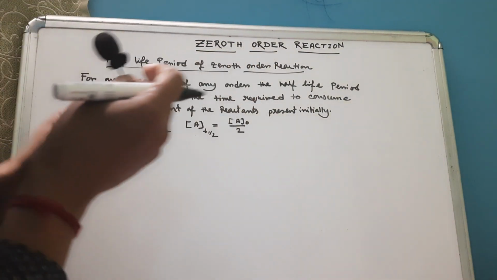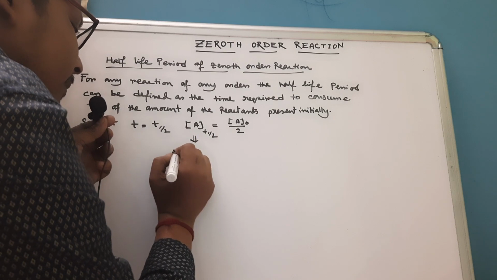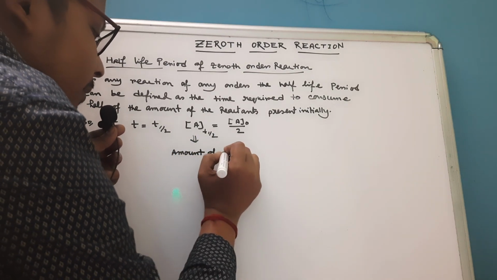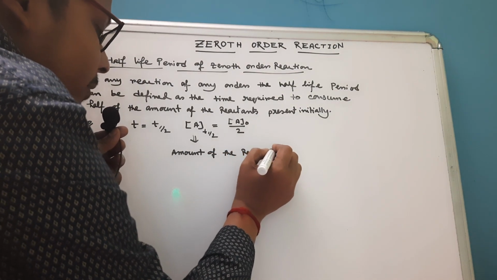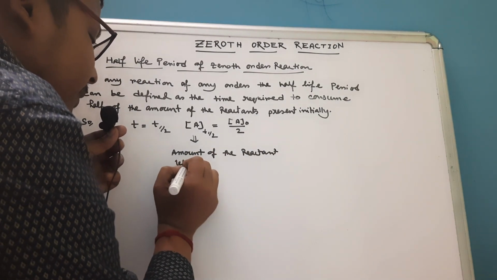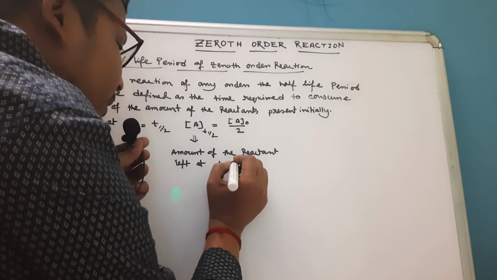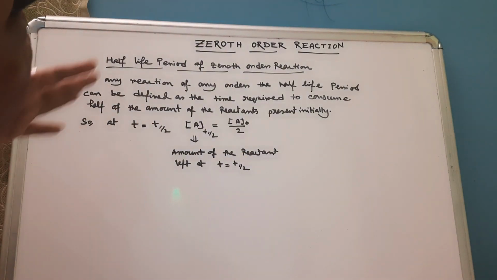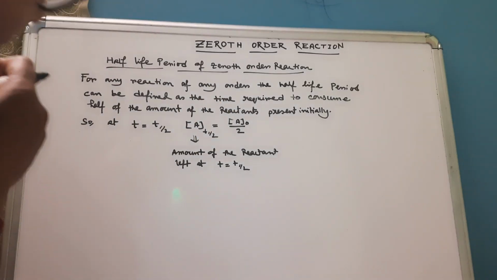This is the amount of the reactant left at t equals t half. So at the half-life period, half of the initial concentration of the reactant is left. Okay.